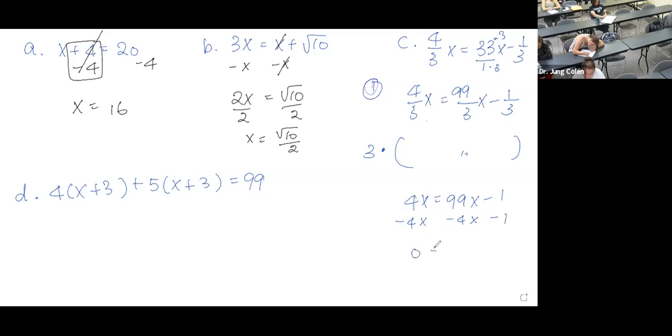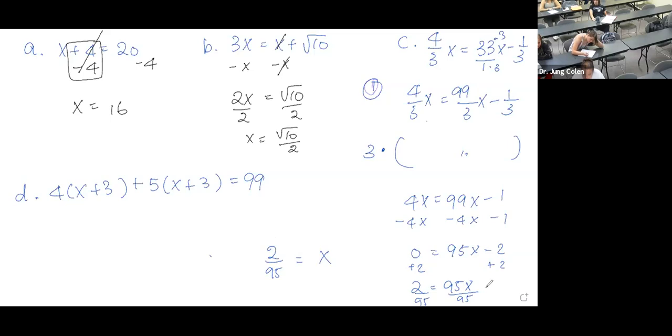So I have 0 is equal to what? 95x, and I have negative 2 there, right? So if I add 2 on both sides, I have 2 is equal to 95x. Now I can divide both by 95. What I have here is 2 over 95 on the left-hand side. Right-hand side, I have x, right? 95 over 95 is 1.